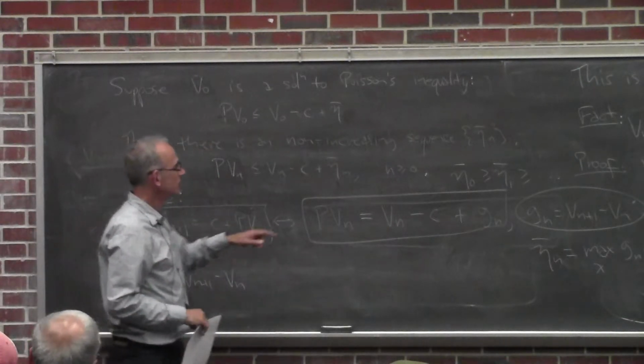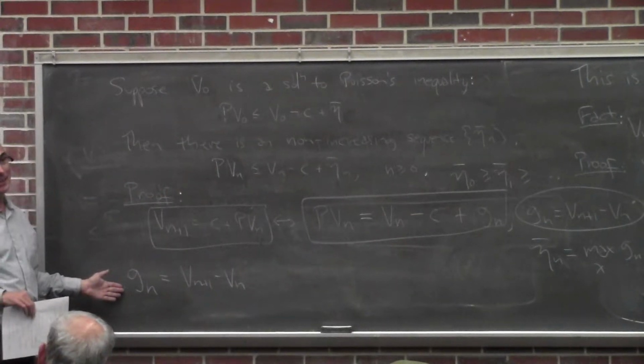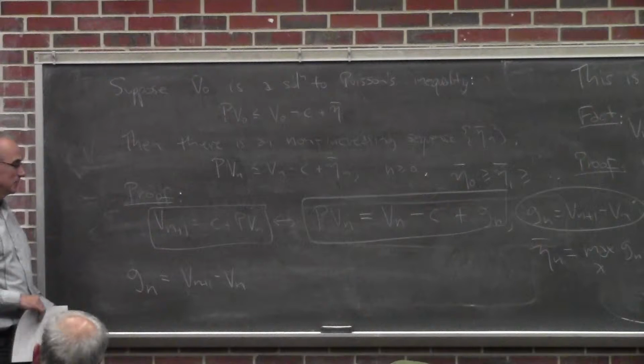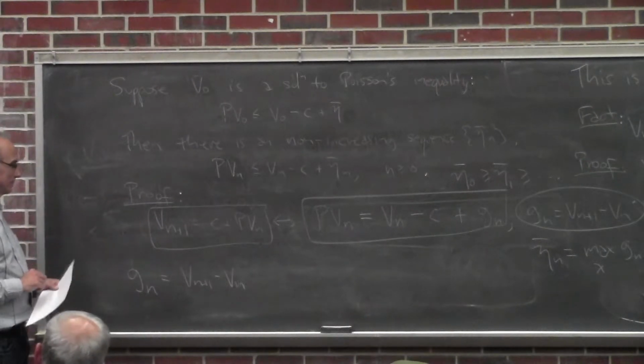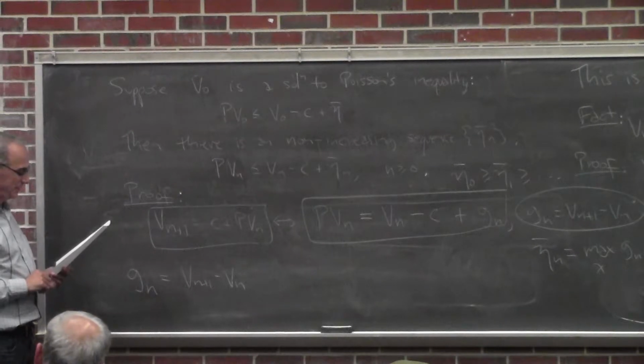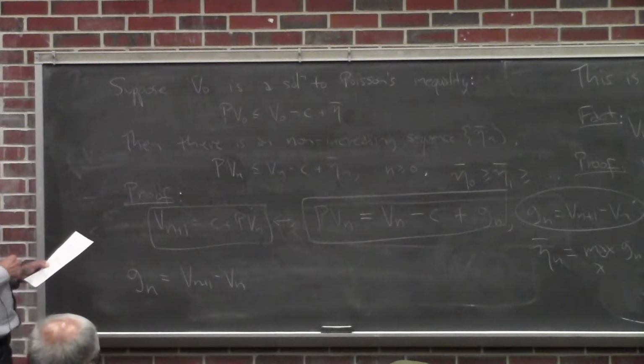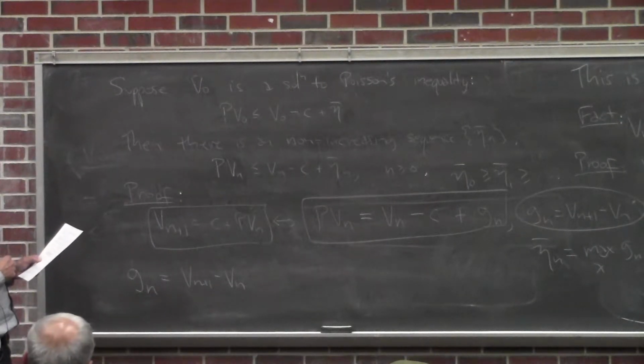And if I'm going to make these decreasing, I've got to somehow relate Gn with Gn minus 1, or Gn plus 1 or something. And that's what I mean about my notes being somehow screwy. They seem like they should be much simpler.